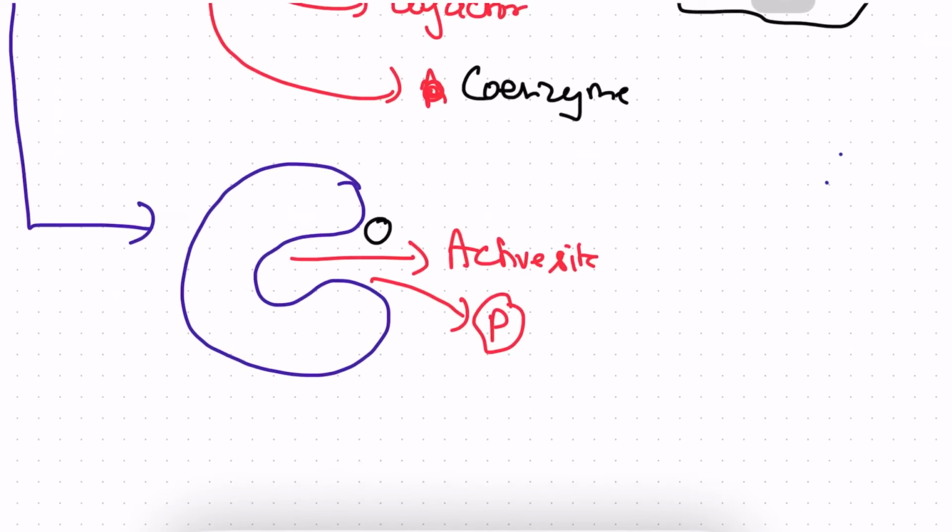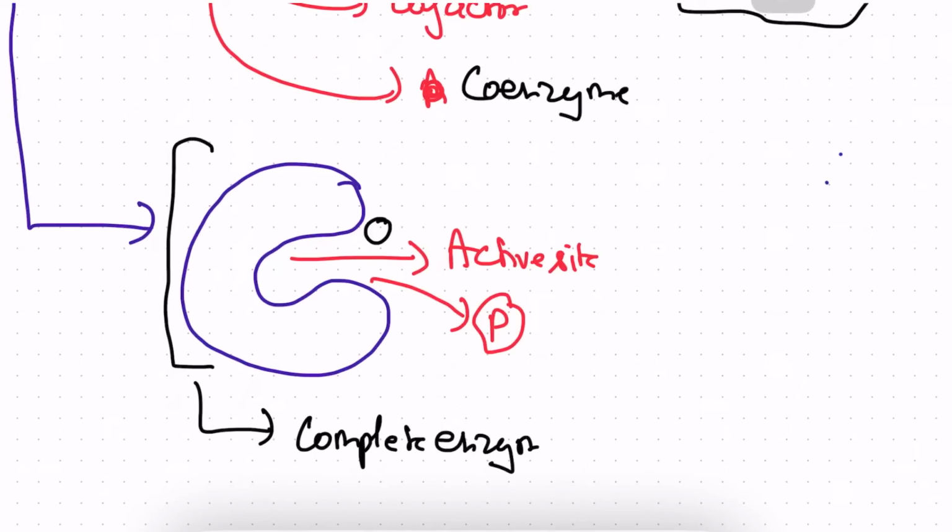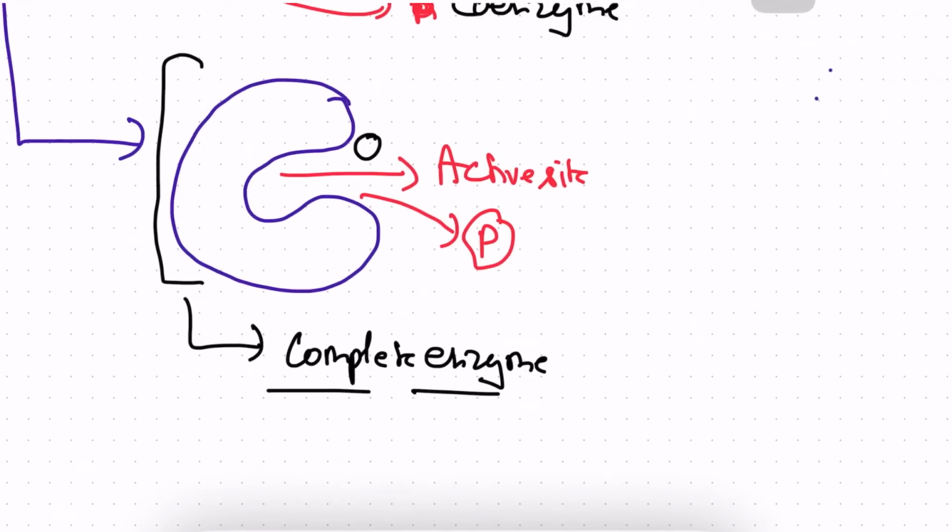So here you see this one, this is your complete enzyme. Now any complete enzyme also has some additional component. Here the additional component is known as cofactor.